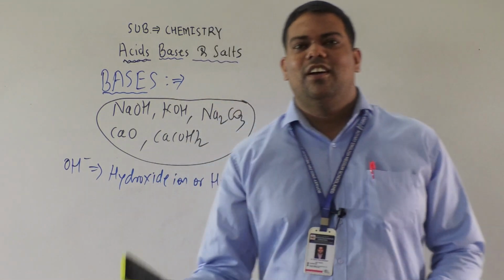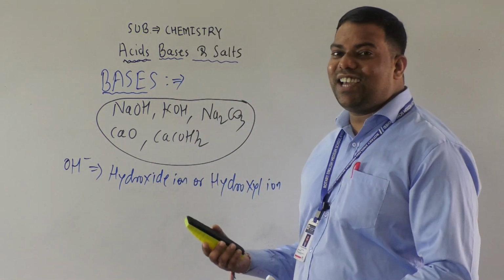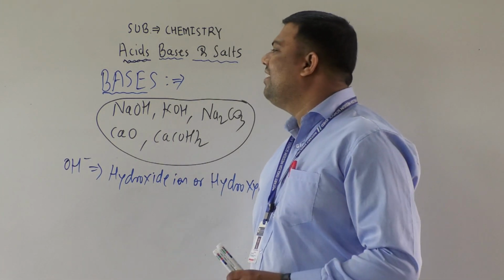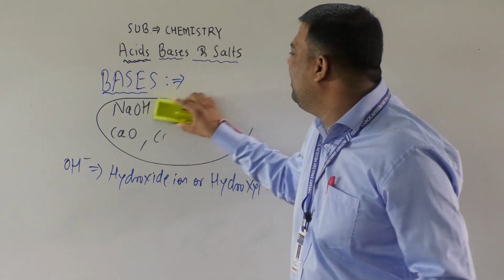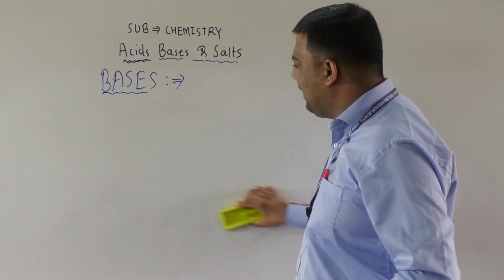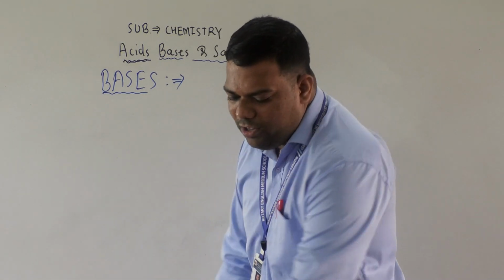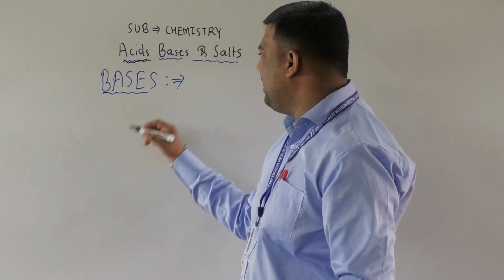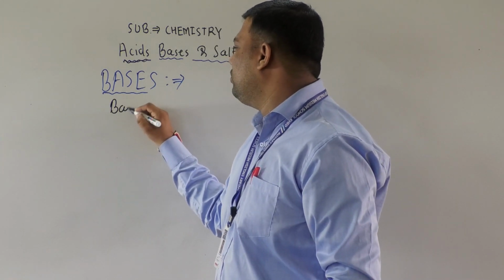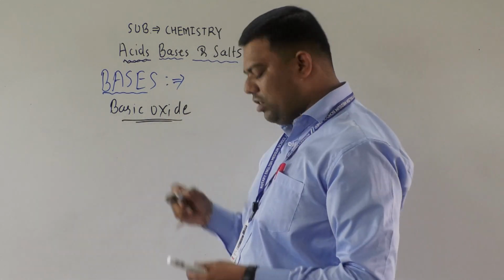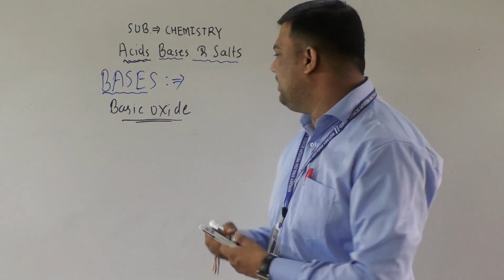Metallic oxides are bases, and metallic hydroxides are also bases, no doubt. So we will see some basic reactions of basic oxide. Oxide means O2 minus, like this.